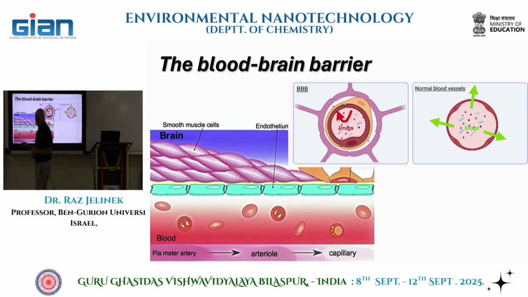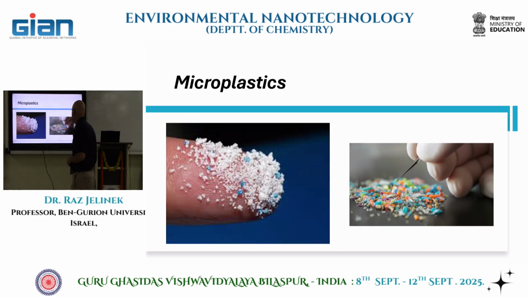And this membrane, this layer, prevents anything from going into the brain. Only very small molecules. But because nanoparticles are so small, they can penetrate through the blood-brain barrier and enter the brain. And then this is very bad for us.